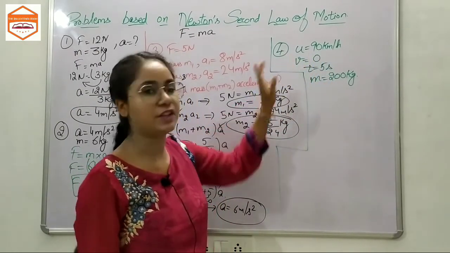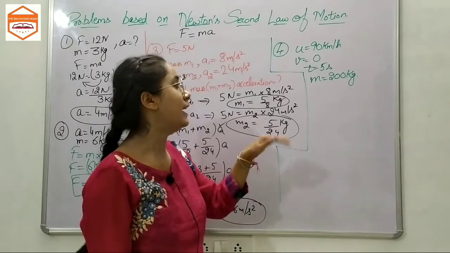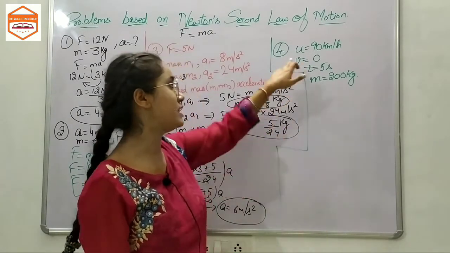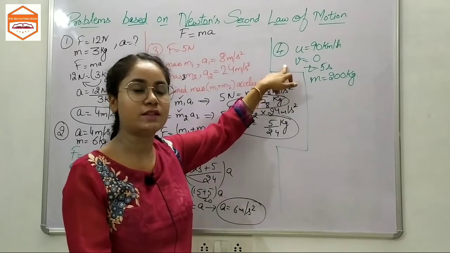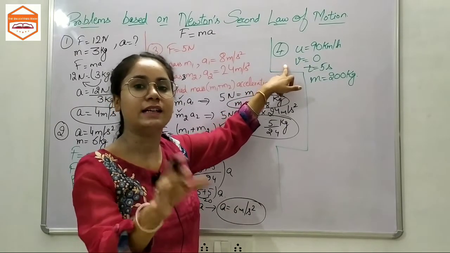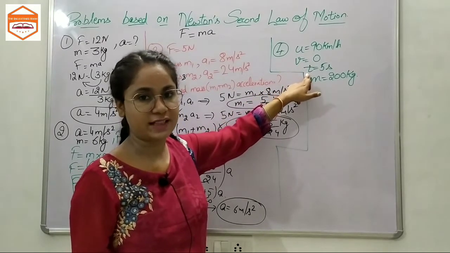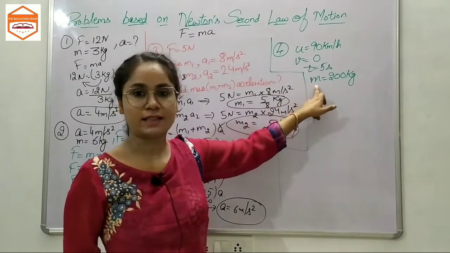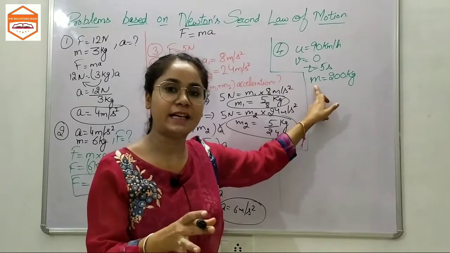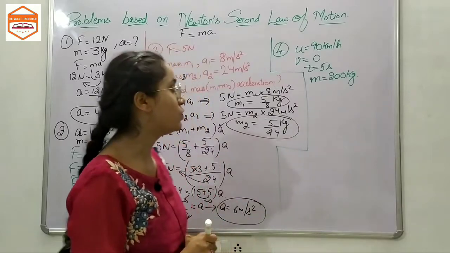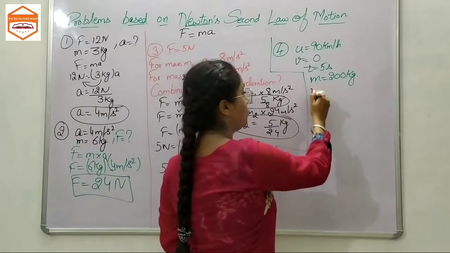That means it is the initial velocity of that motorbike, and then it applies brakes, and when it has applied brakes, it is the final velocity, and the final velocity is 0 because after applying the brakes the motorbike stops, and the time taken is 5 seconds, and the total mass, that means the mass of the motorbike and the rider, is 200 kilogram. Okay, so we need to find force.